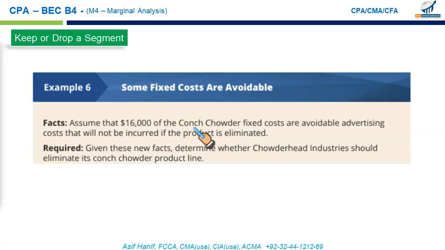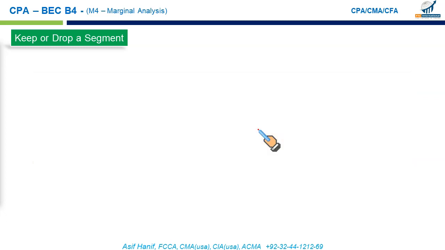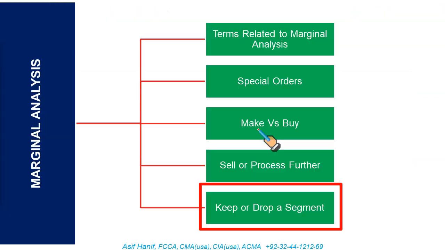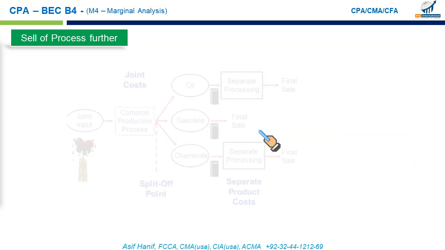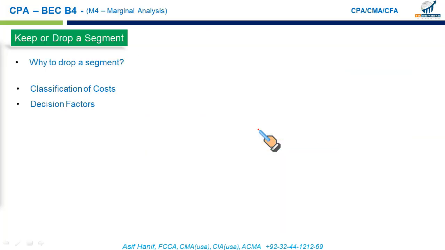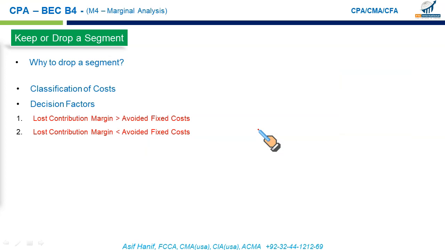Now let's say some of the fixed costs are avoidable, not all, just like the example I gave you. Let's say $16,000 of the conch chowder fixed costs are avoidable advertising costs that will not be incurred if the product is eliminated. Now our situation would change. The lost contribution margin is 15 and avoidable fixed cost is 16.